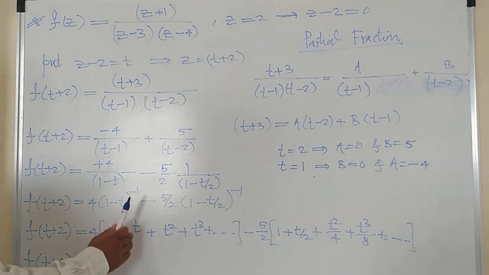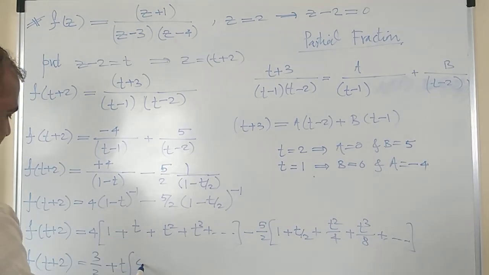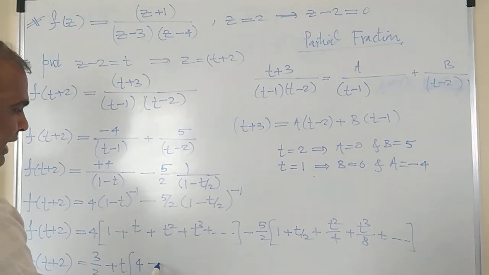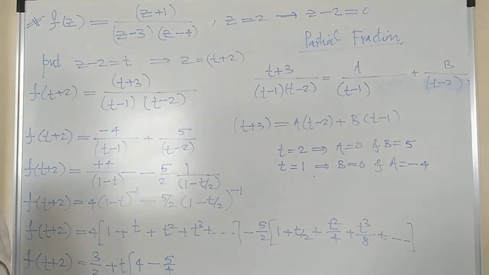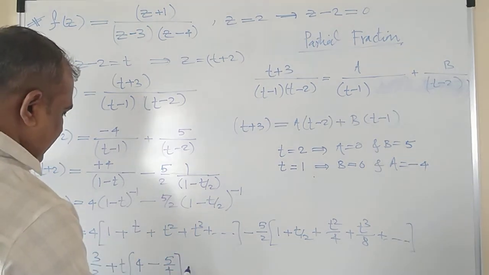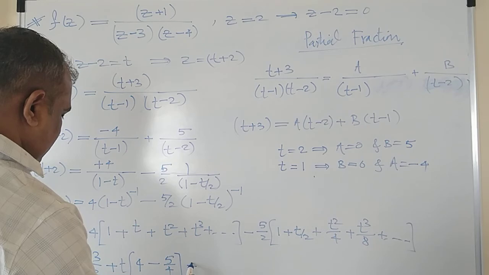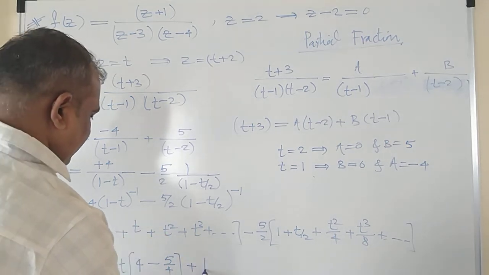Or I can simplify by taking out 2 common so that you can understand it well. So here you will be left with 4 and minus 5 by 4, not 5 by 4. I might be wrong while calculating. So in the next term you will get plus, you can take out t square common.